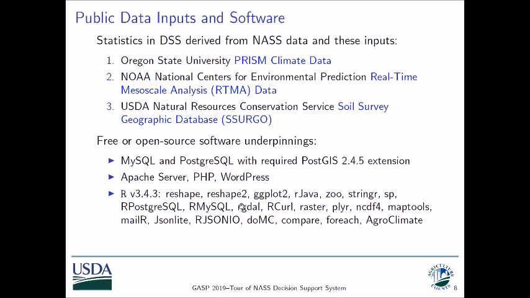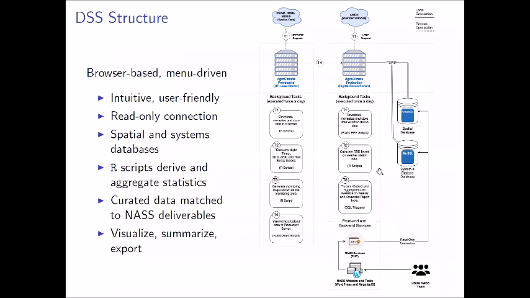And as of this writing, it's in R version 3.4.3. You can see several of the packages that are loaded into this related to data manipulation, data ingestion, and visualization. To my knowledge, this agroclimate tool is not on the CRAN repository, but it's also an important piece of this.